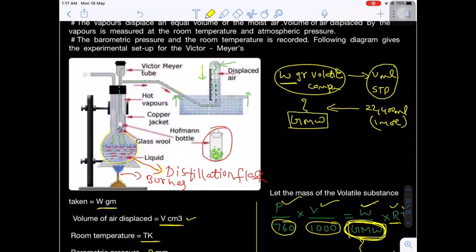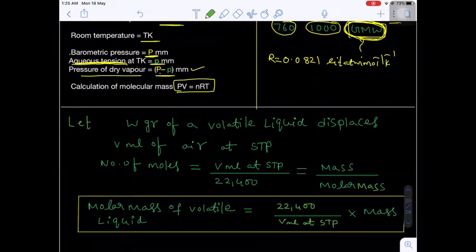So here the water column decreases, and in the left hand side the water column increases. This is a graduated tube. So how much air is displaced by the vapor we can easily measure.